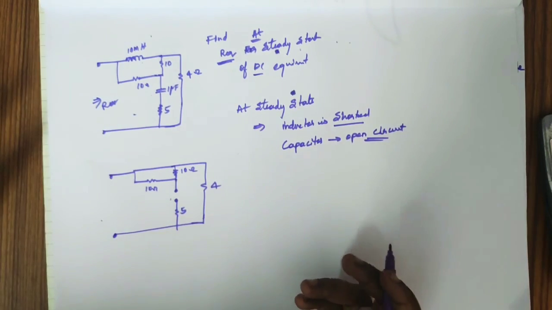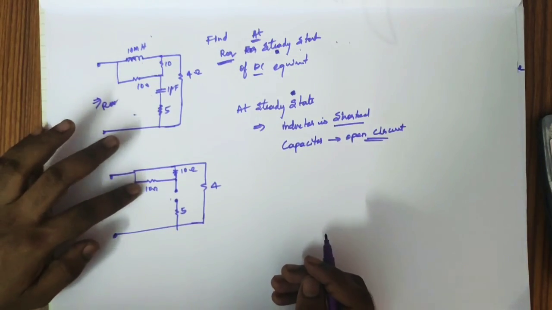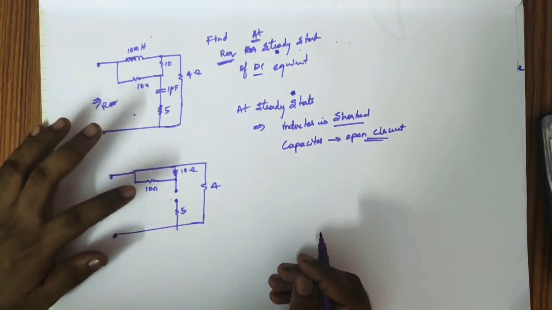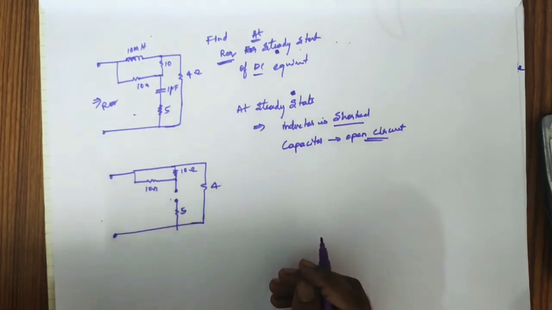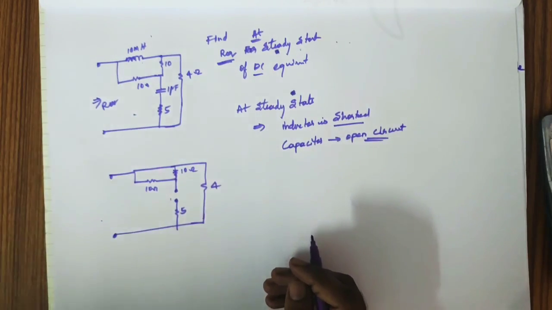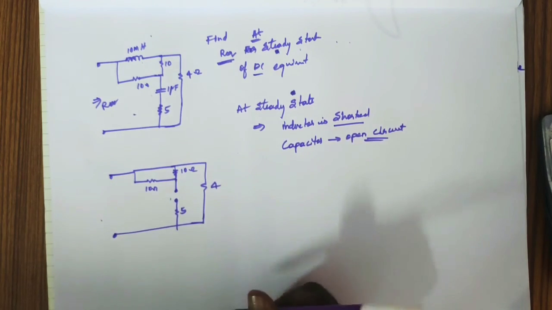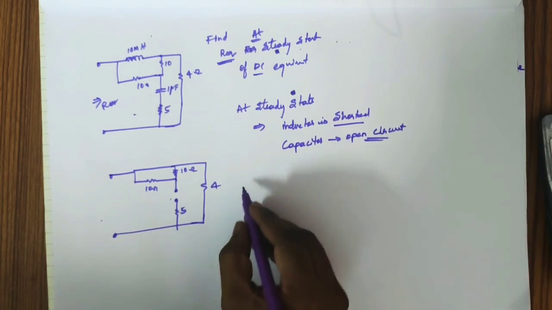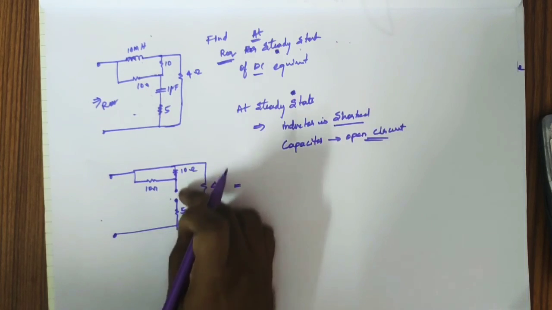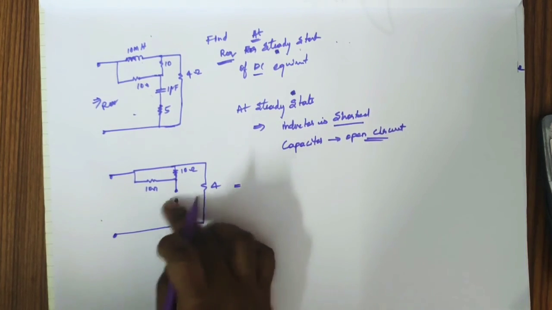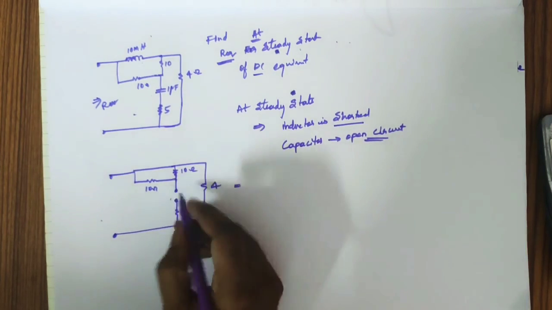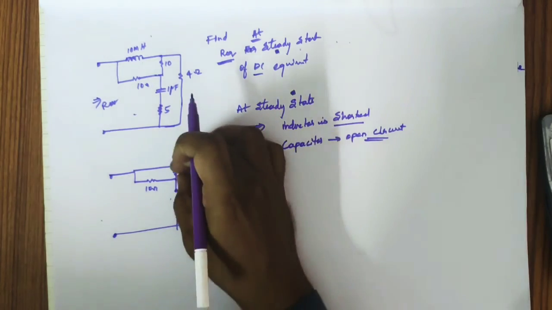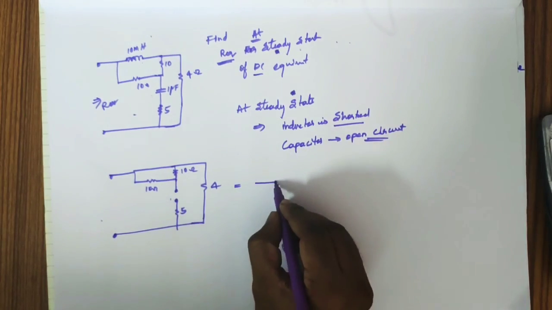So if you observe carefully, these 10 ohms are in parallel, and the rest of the things will become common. This 5 ohms is not connected anywhere, so we neglect this resistor. So replacing the circuit, this 10 ohm can be replaced like this.